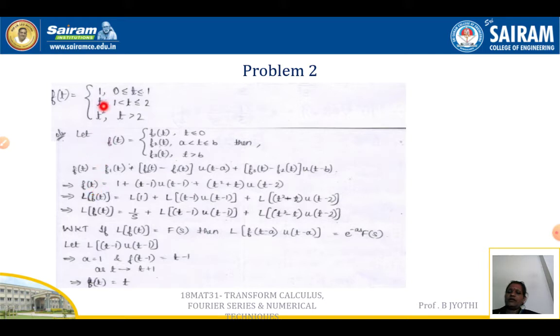Now, if we apply f1 as 1, f2 as t and f3 as t square, what do we get? f of t is 1 plus t minus 1 into u of t minus 1 plus t square minus t into u of t minus 2.